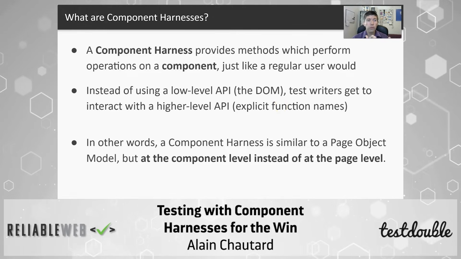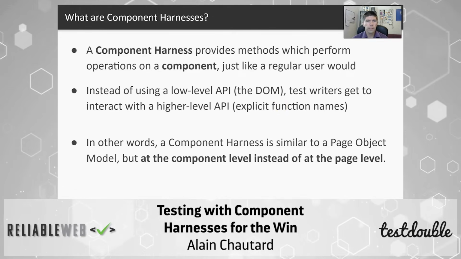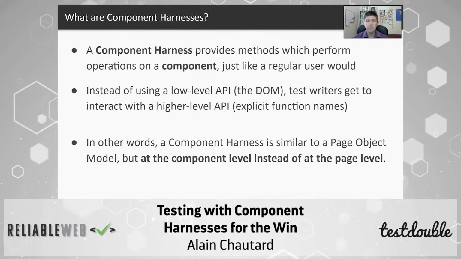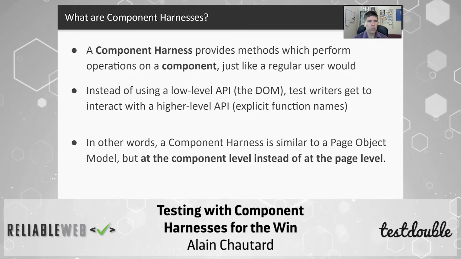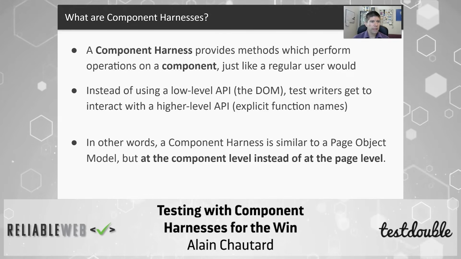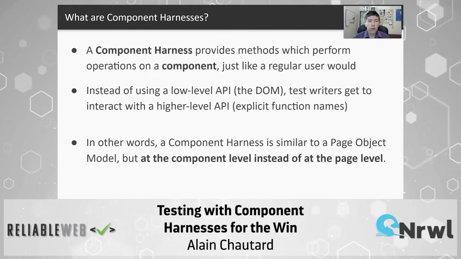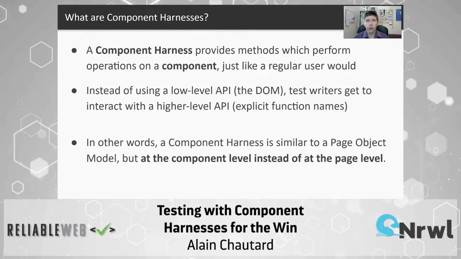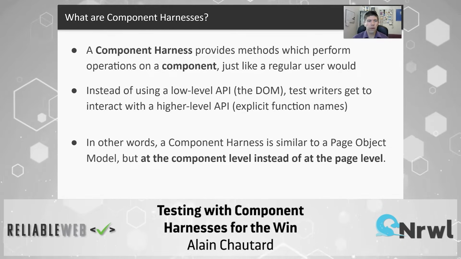So instead of using the DOM and queries and everything, you're going to have access to a higher level API with explicit function names that are easy to understand. And yeah, a component harness is just like a page object model, but at the component level instead of at the page level.